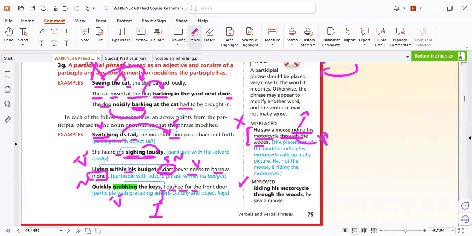Okay. So, who was riding a motorcycle? The moose? So, who was riding? It must be he. How was the moose riding? Do you know what a moose means? No? Yeah, moose, it's a type of deer animal. Deer.